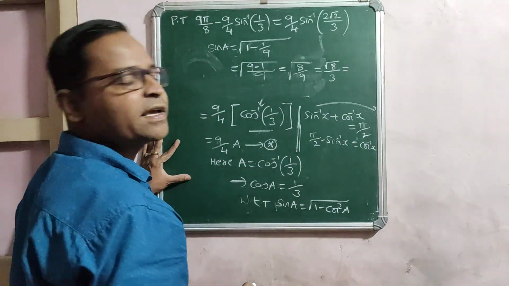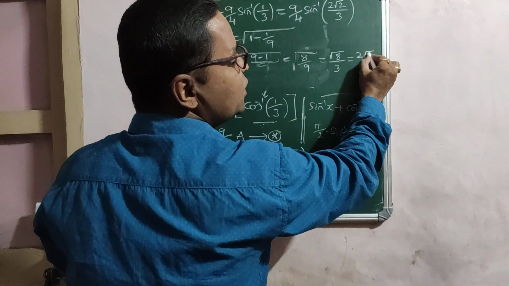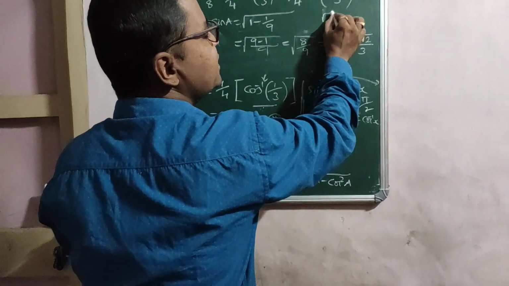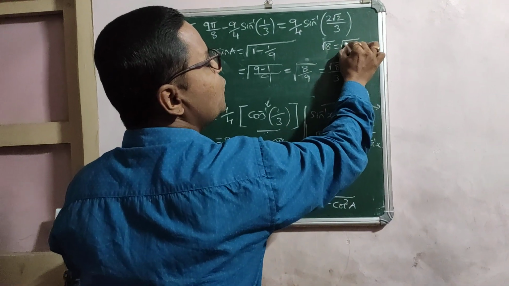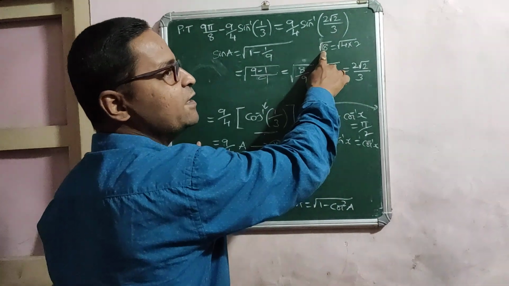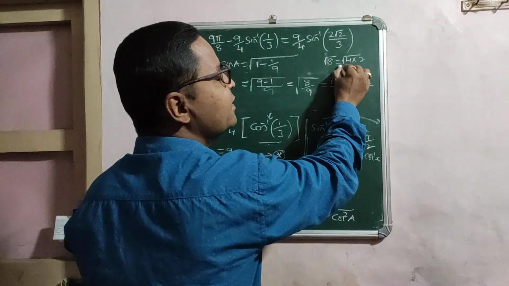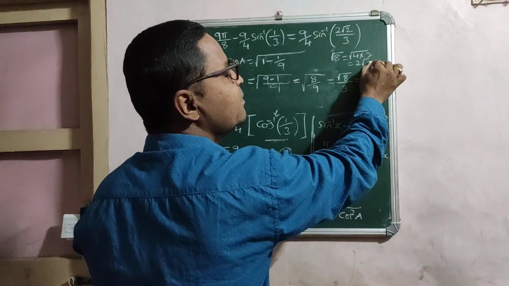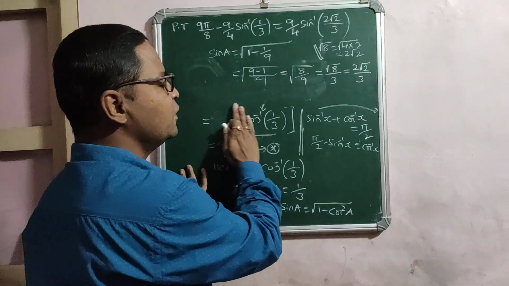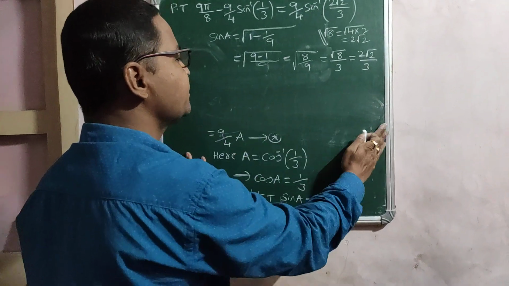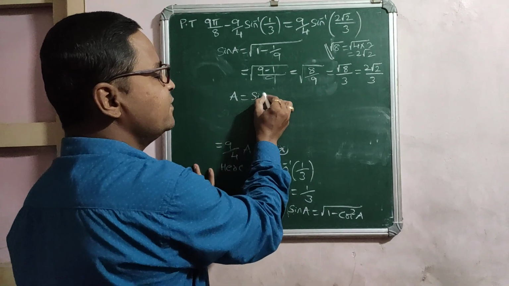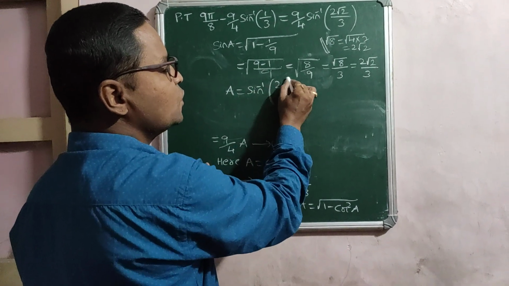Root of 8 can be written as 2 root 2 divided by 3, because root 8 can be written as 4 into 2. Students need to remember this point. Whenever we observe square root of 8, it can be considered as 2 root 2.